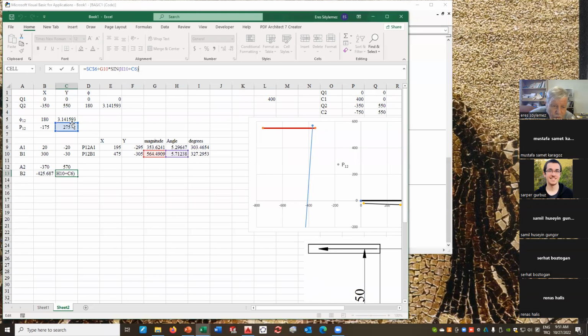Oh, that should be C5. No, I'm sorry. This should be C6. This should be C5. Angle has been P1 to Y coordinate.